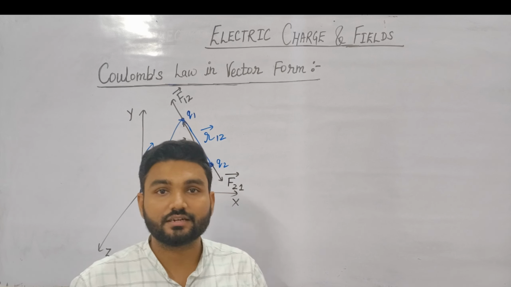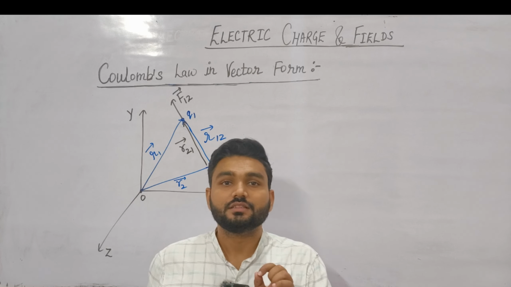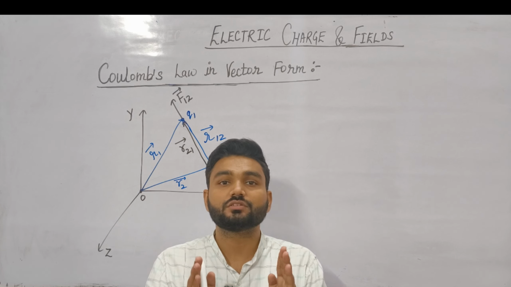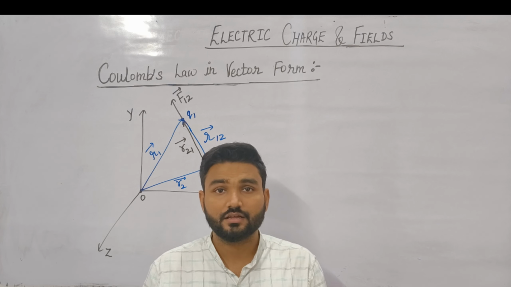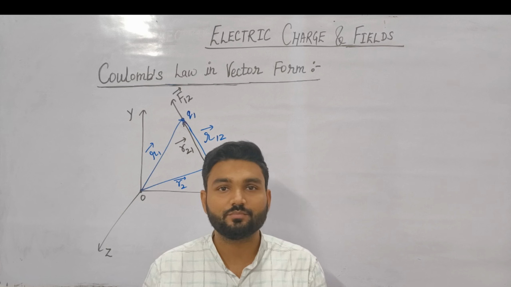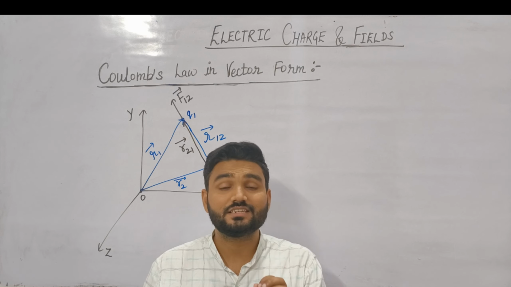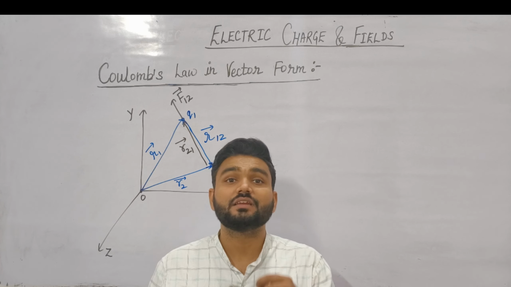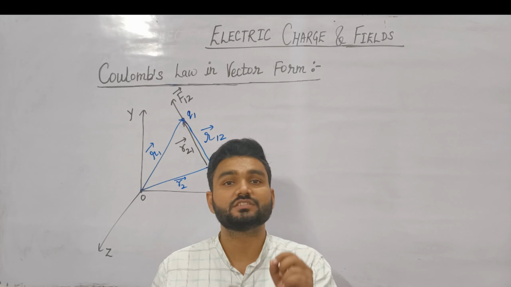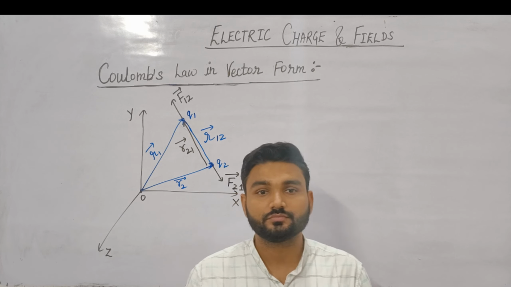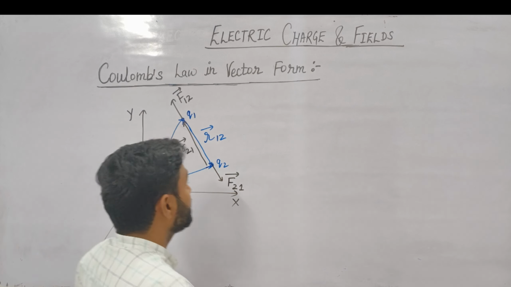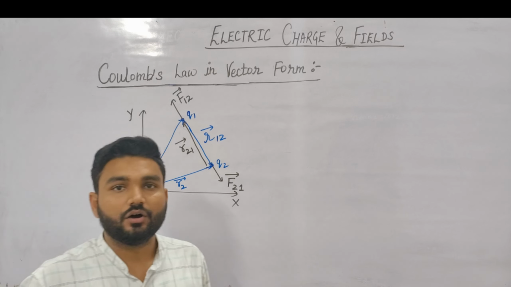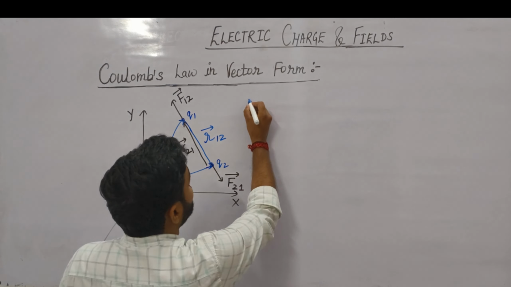Coulomb's law says that if there are two charges placed across a finite distance, then the force between both the charges is directly proportional to the product of their magnitudes and inversely proportional to the square of the distance between them. Okay, so let's apply Coulomb's law on these charges.